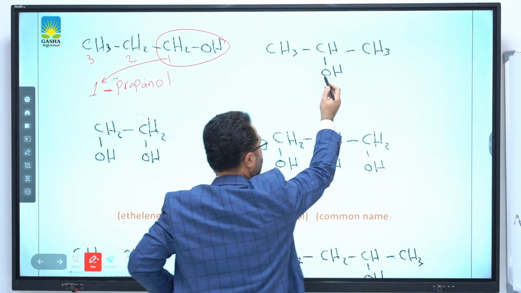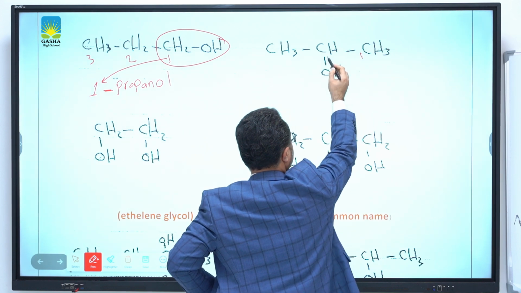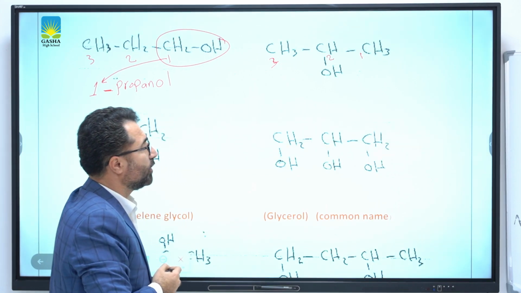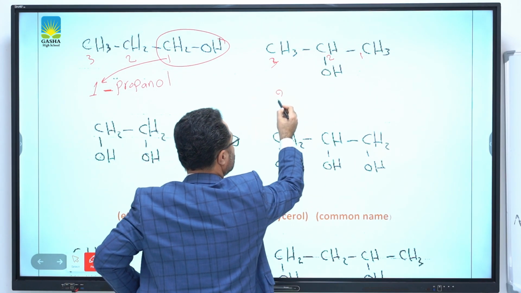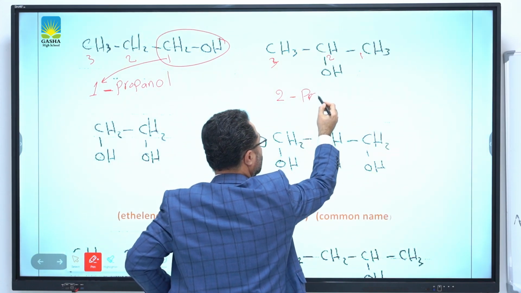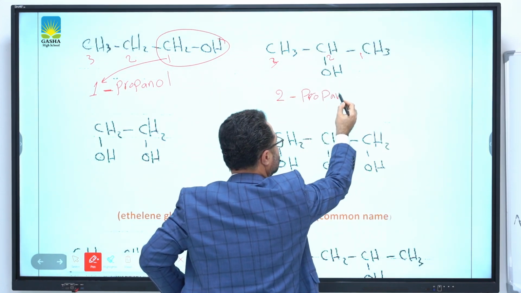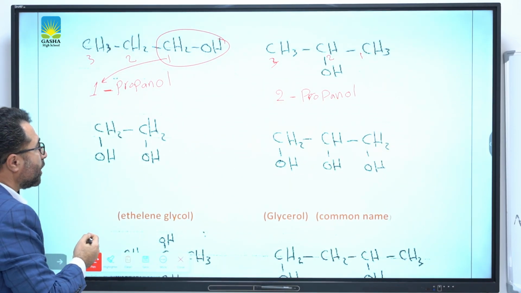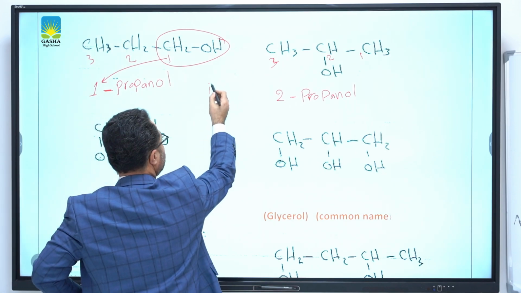And the second one, we have OH in the middle, so you can number it from any side: 1, 2, 3. The location of OH is 2, so you have to write 2, prop, make it alkane, propane, and add ol: 2-propanol. 1- and 2-propanol are structural isomers of each other.